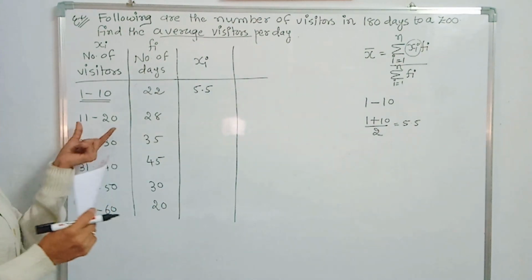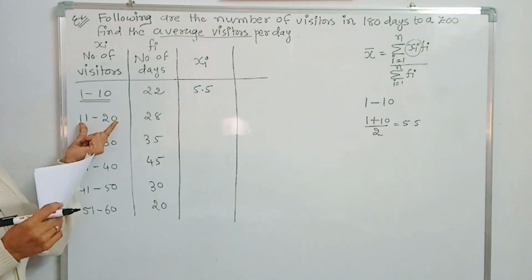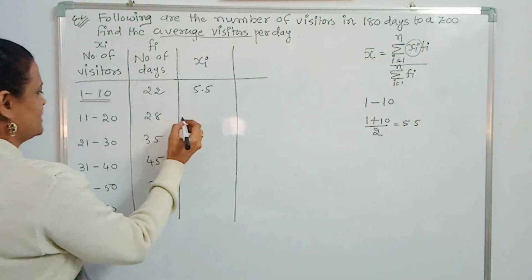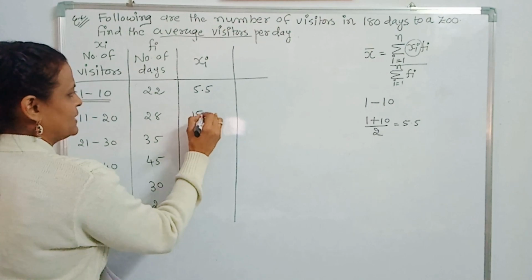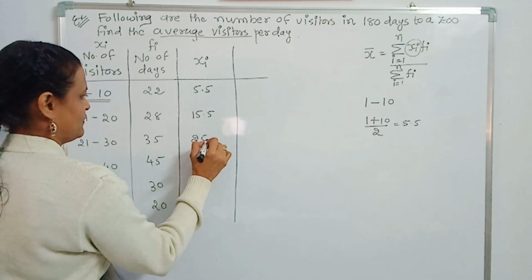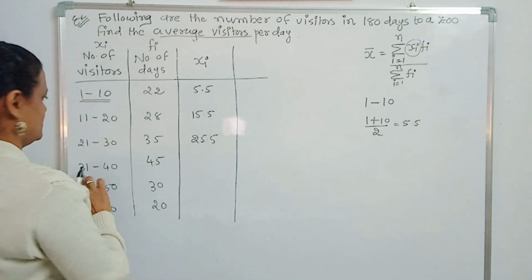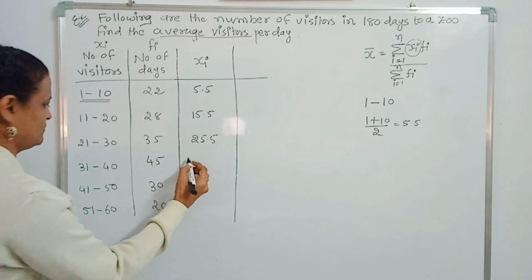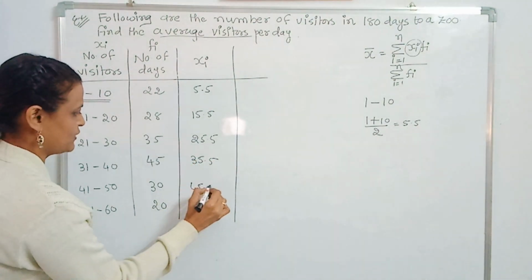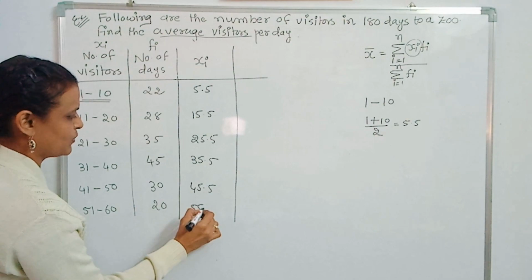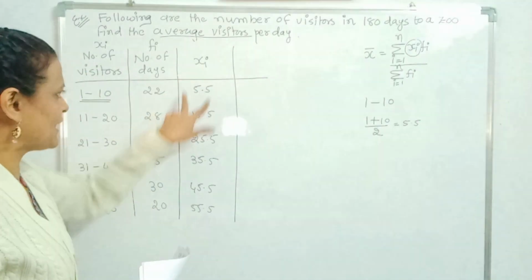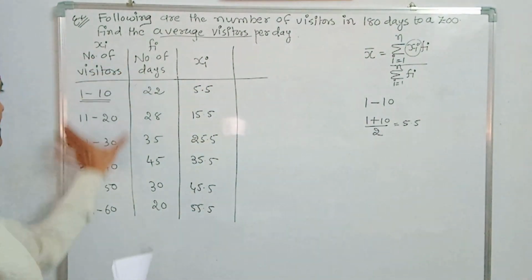Similarly, in the second term, the range is 11 to 20. So with similar logic, we obtain 15.5. In the third row, we obtain 25.5. For this term, it is 35.5. Here it is 45.5, and here it is 55.5. So now we will use these values of xi in this equation instead of this range.